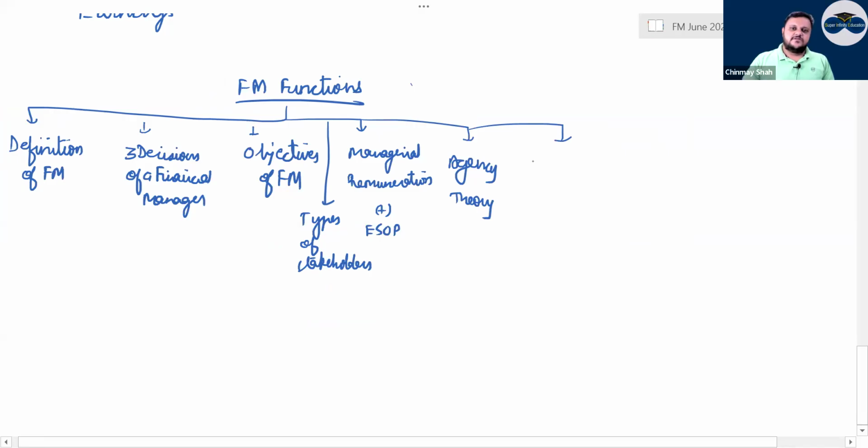Managerial remuneration plus ESOPs. Types of stakeholders. Right. Objectives of FM.